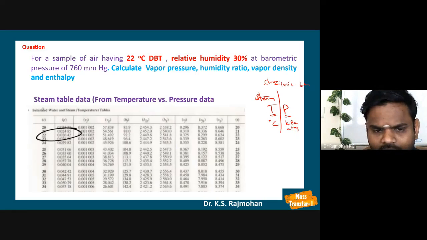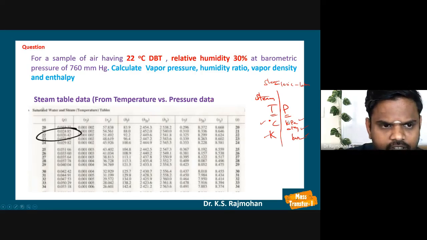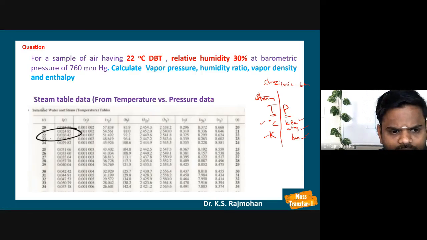So we should be careful while taking the data. What is the unit in which temperature is mentioned, either degree Celsius or Kelvin, either kilopascal or in atmosphere or in bar. Okay, so whatever is the unit mentioned, we have to use it correctly. Okay, so here data is given for this question. One table is given, we are going to make use here of 22 degrees Celsius dry bulb temperature.